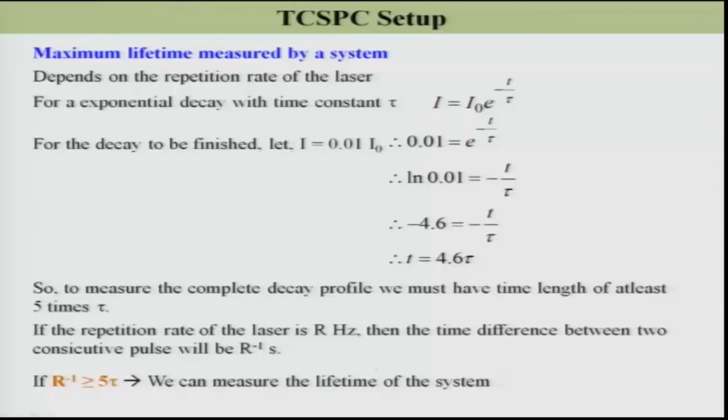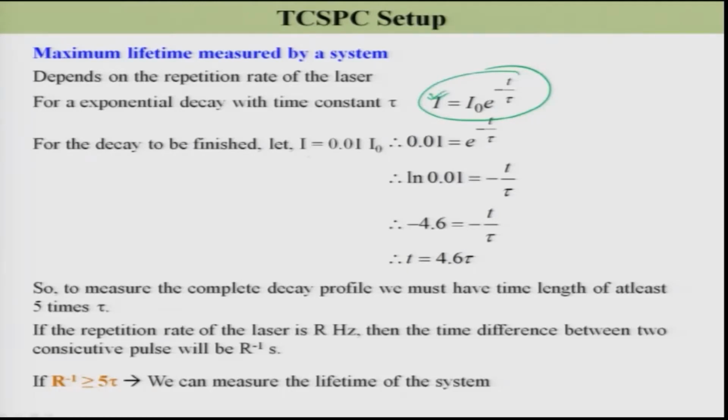Okay, let us continue with this laser. As I said earlier, if your system undergoes a single exponential decay, then for this exponential nature of the decay, I will be equal to 0 only when t equals infinity.